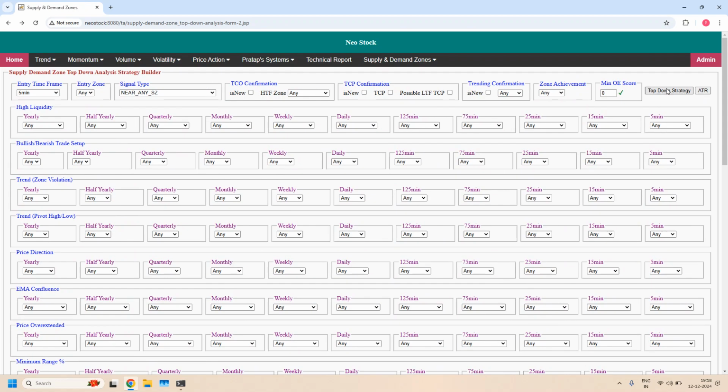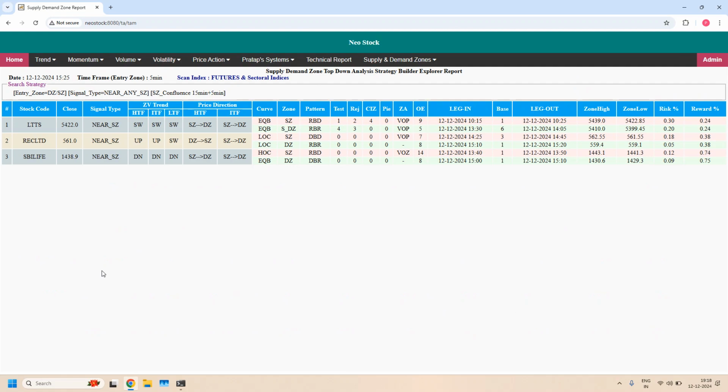With this filter, out of 9, we got 3 stocks. And all these 3, 5 minute supply zones are part of the 15 minute supply zone. So this is about stocks near demand and supply zones for different time frames.